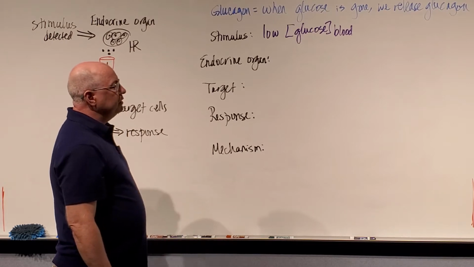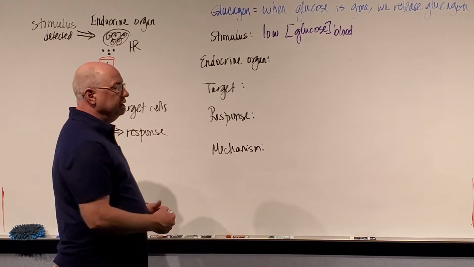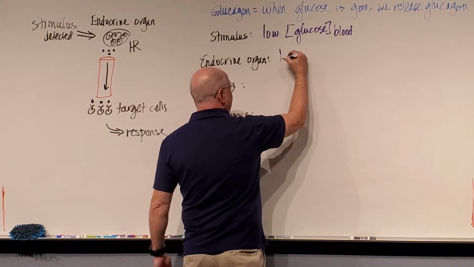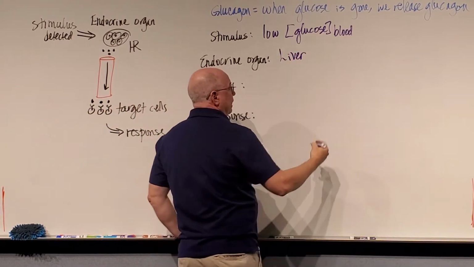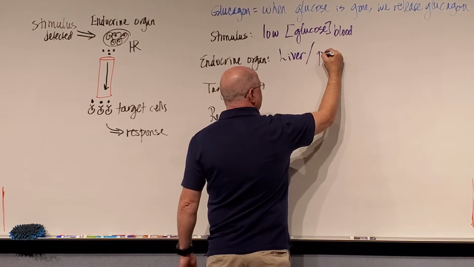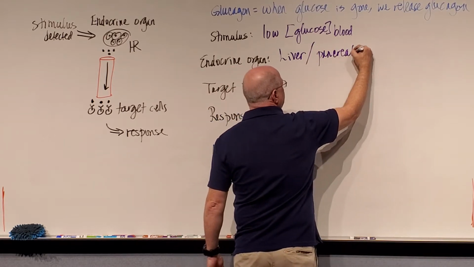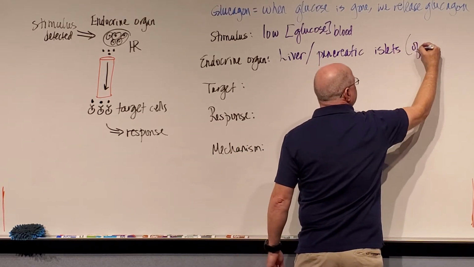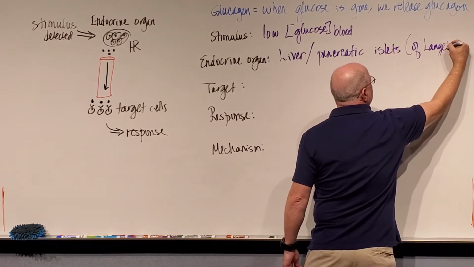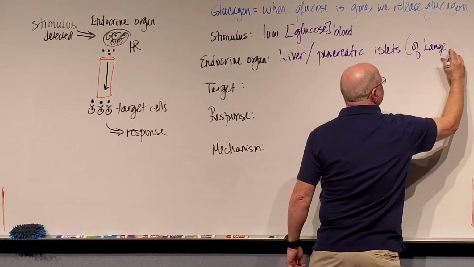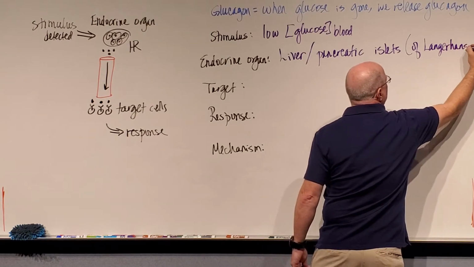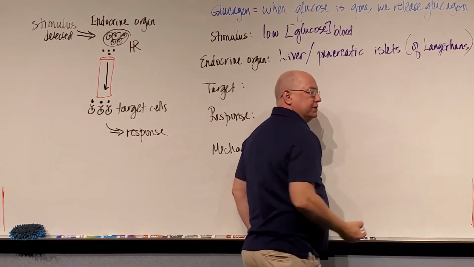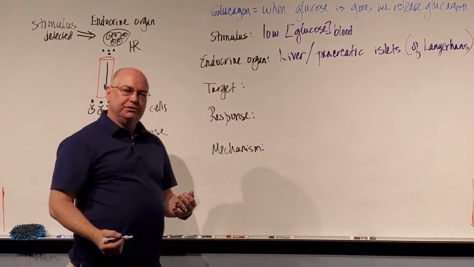So when we have a low concentration of glucose in our blood, the endocrine organ that's going to detect that is going to be our pancreas. In the pancreas, there are little things called the pancreatic islets. Some books call them the islets of Langerhans, after the first scientists to discover and describe them. The pancreatic islets have several populations of cells in them.